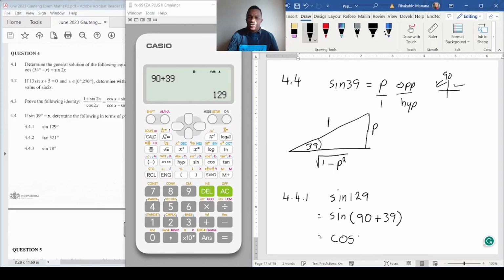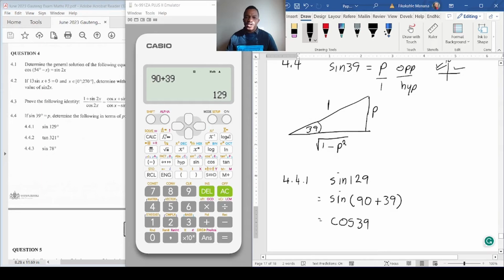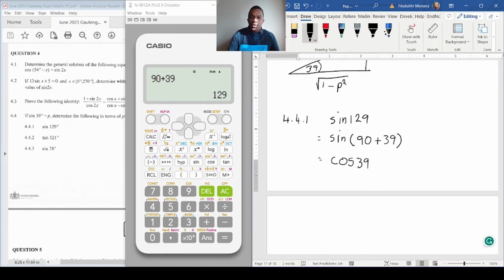So drop the 90 now, because we've already changed a sine into a cos, and then 39. So this is the same as cos of 39. Cos of 39 we know is adjacent over hypotenuse. Adjacent is the square root of 1 minus p squared. So that's your final answer.